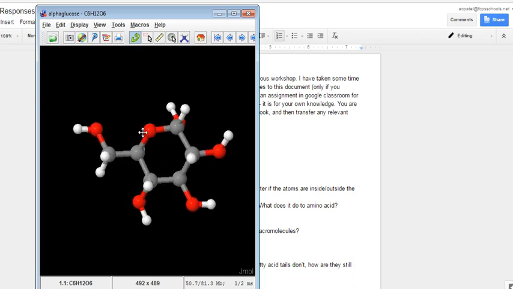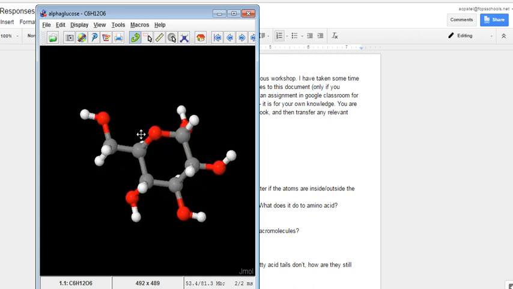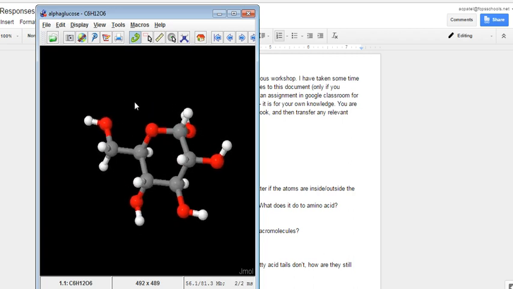But you can actually spin this around, right? So you might have seen that ring, but here's the ring. And the question's about the direction that the H and the OH go. So let's say for this carbon right here, this is the oxygen here, so this is labeled carbon 1.